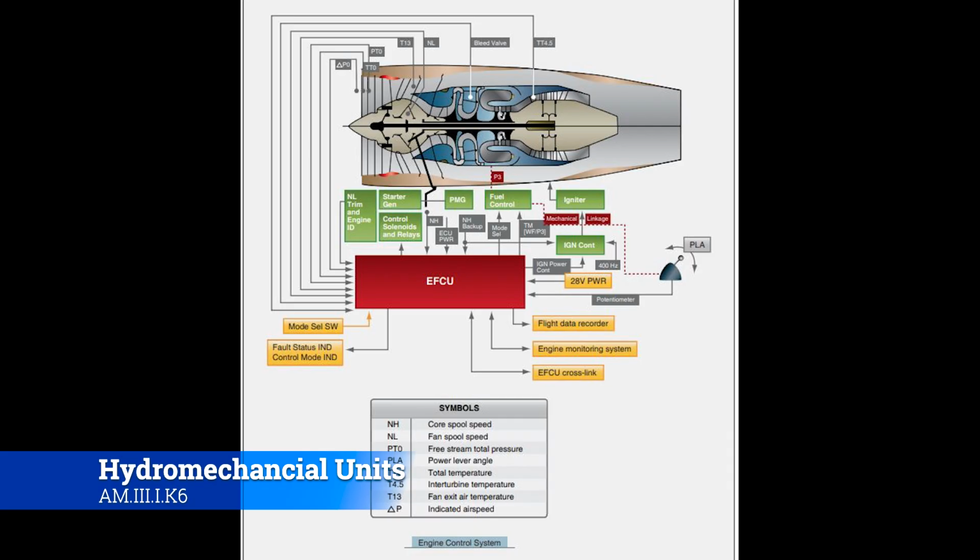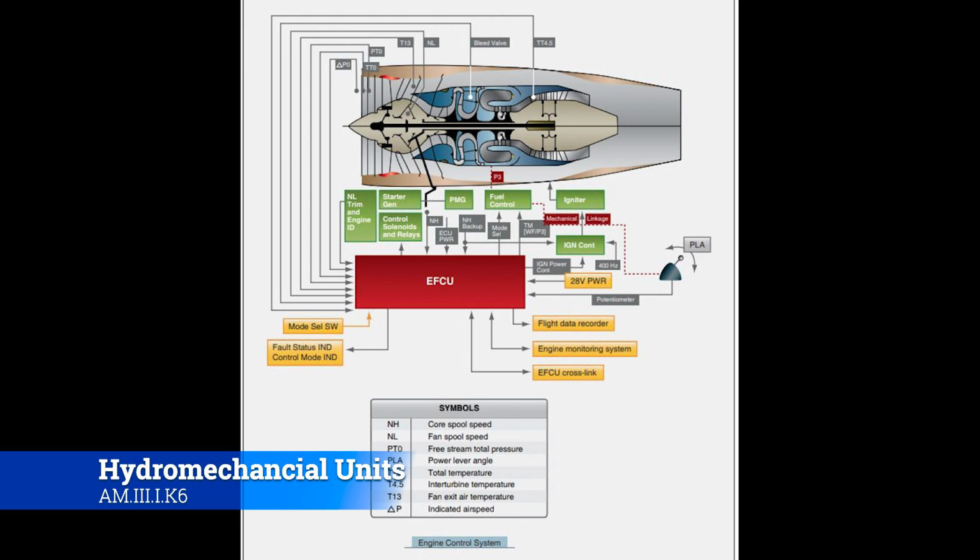Even the Rotax engines in the RVs that we have on the hangar floor, this is how they meter their fuel. It's fuel injected, and so it's going to take in all that relevant data, and then it's going to determine that the engine needs to have X amount of fuel delivered to it. And so that's really all there is to it.